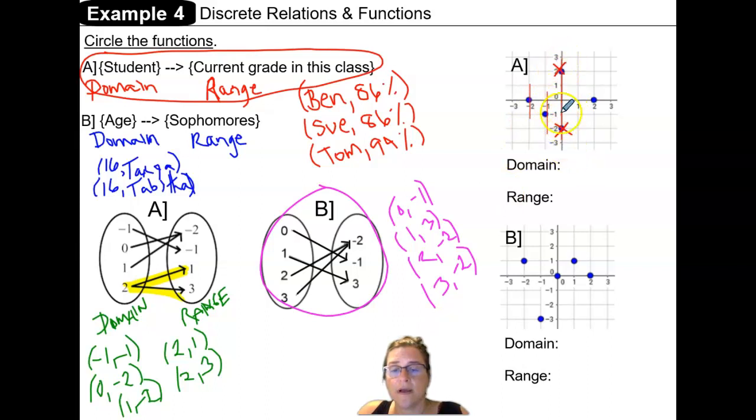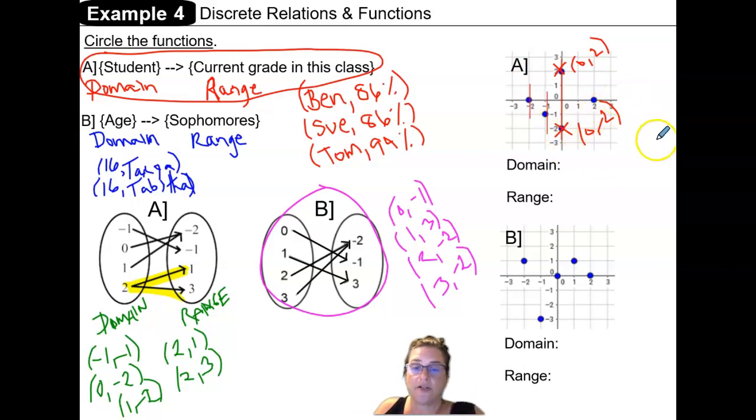So the one x coordinate of 0 produced 2 different y values, right? 0, 2 and 0, -2. And that's a problem, right? That fails the vertical line test, and so this is not a function.